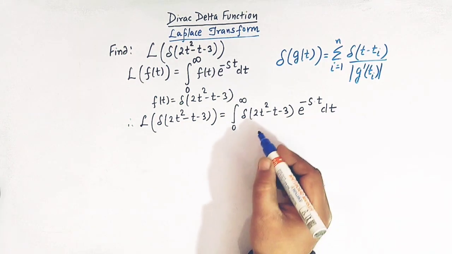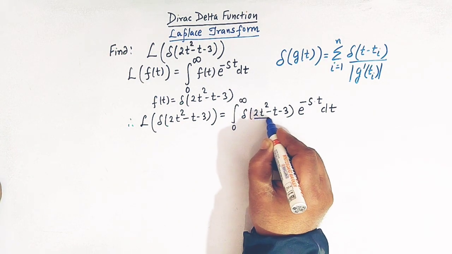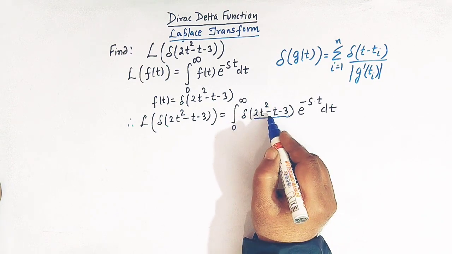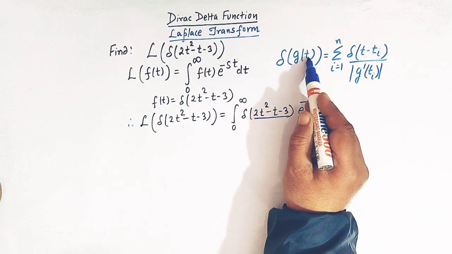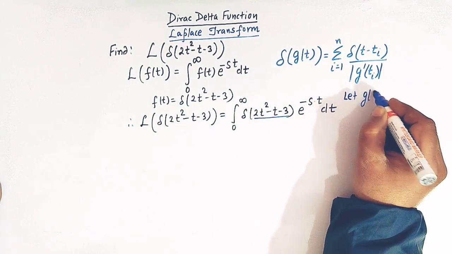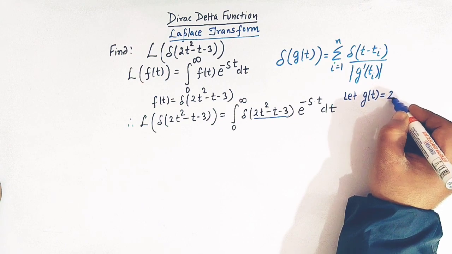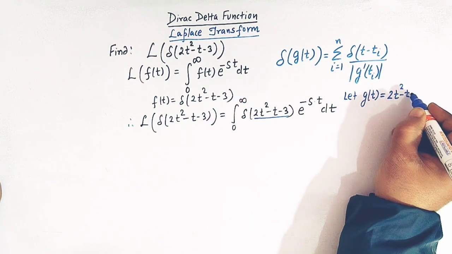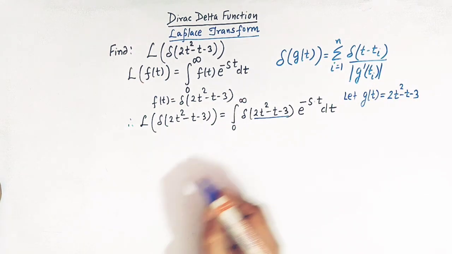Here we will take this quadratic function as g(t), so we assume g(t) = 2t² − t − 3.